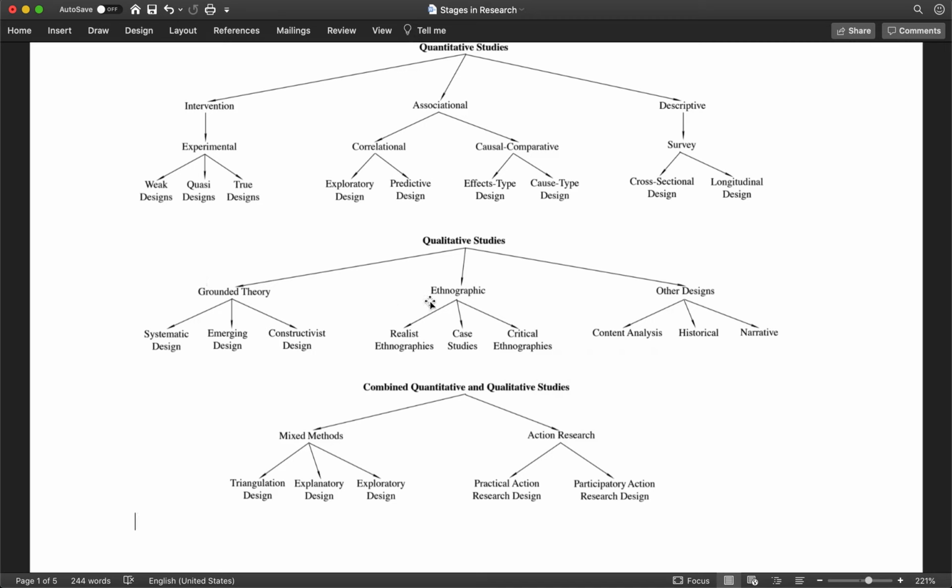Ethnographic, you're looking at case studies. That's what a lot of aviation research has been in the past, mostly ethnographic case study based, just coming up with reasons why certain things happened based off a case study.